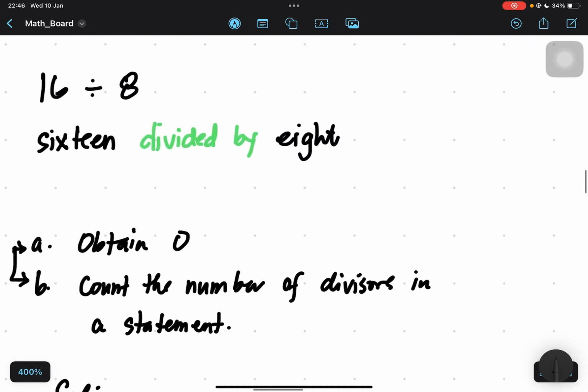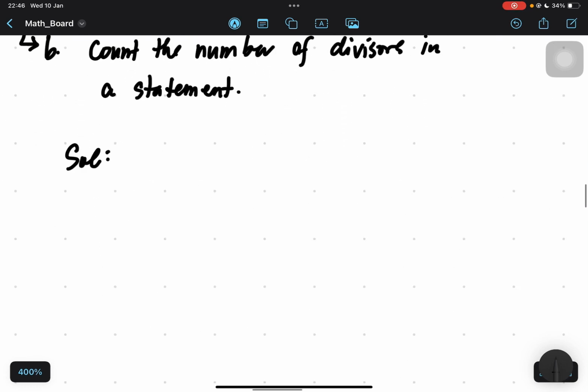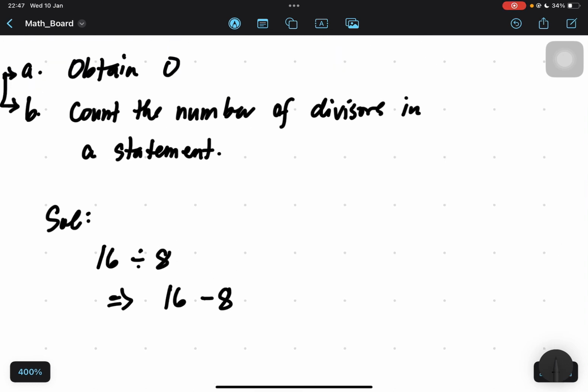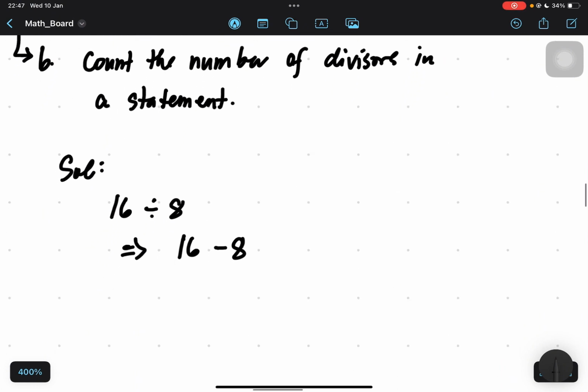In order to make these two rules work, we must replace the division operation with a subtraction operation. So 16 divided by 8 is interpreted as 16 minus 8. The first rule is to obtain 0 first, so that we may count the number of the divisor, which is 8, in a statement.